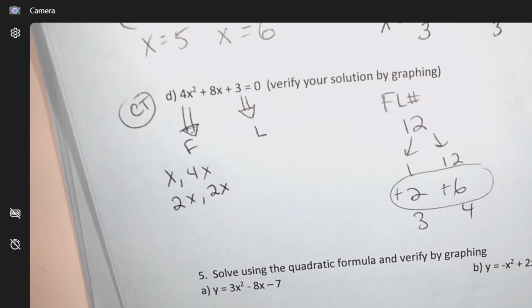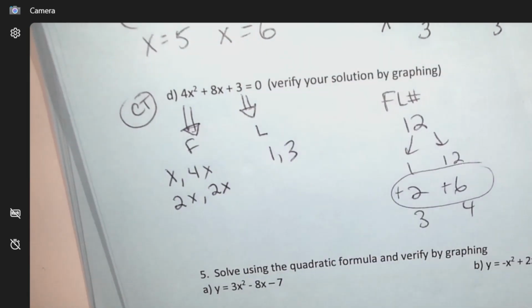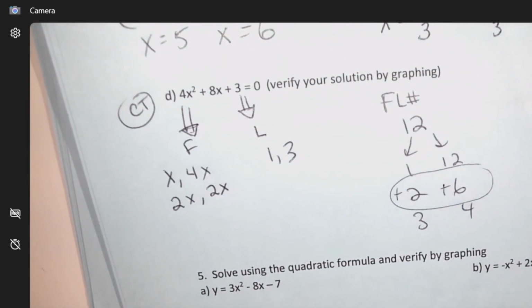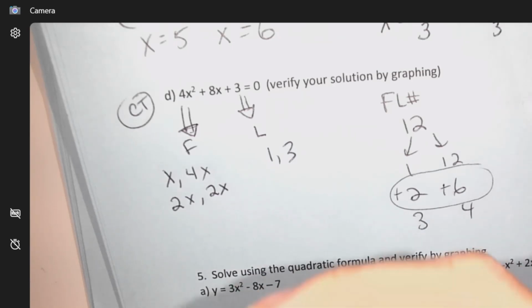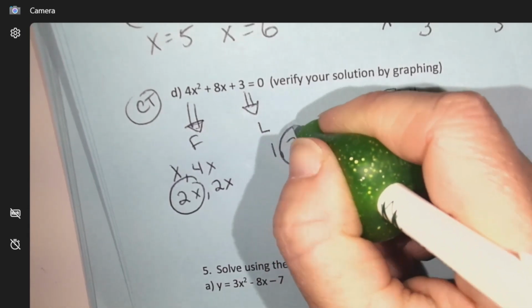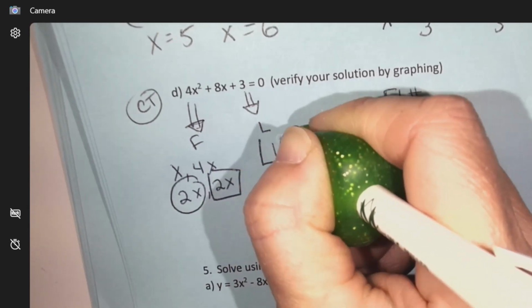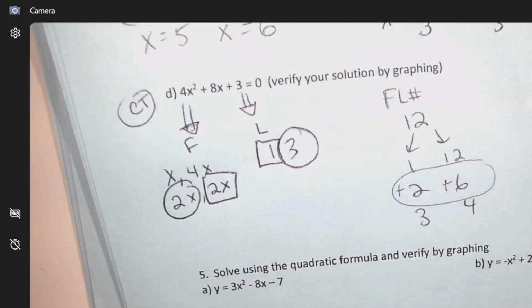I could do 2x times 2x. How could I make 3? Well, 1 times 3. So I need to produce a partnership to be 6x and a partnership that makes 2x. So 6x and 2x are my partners.